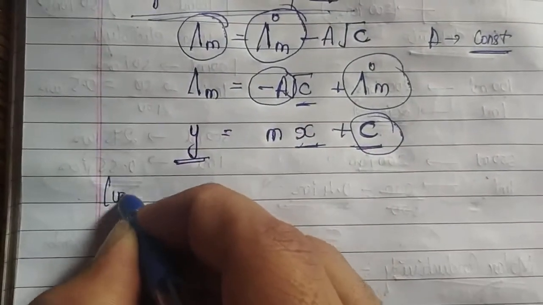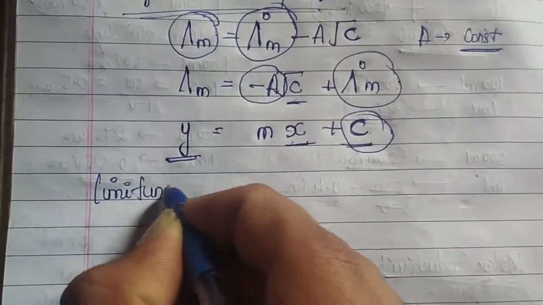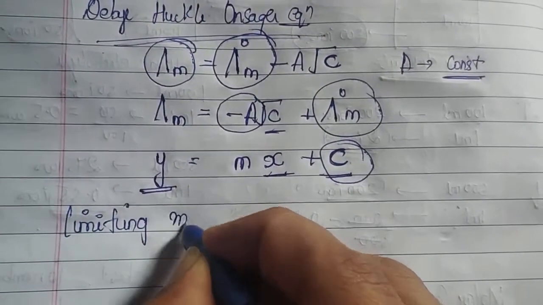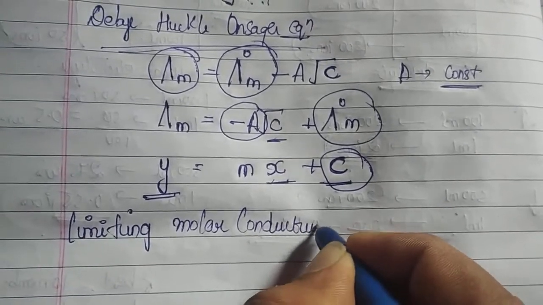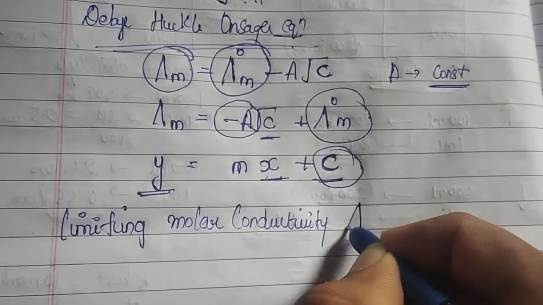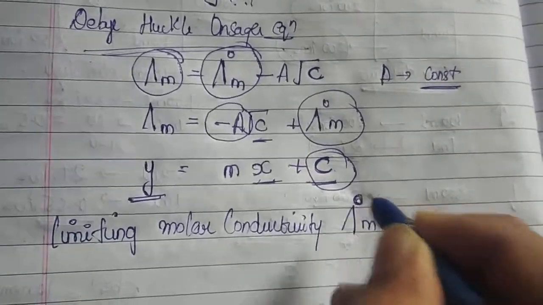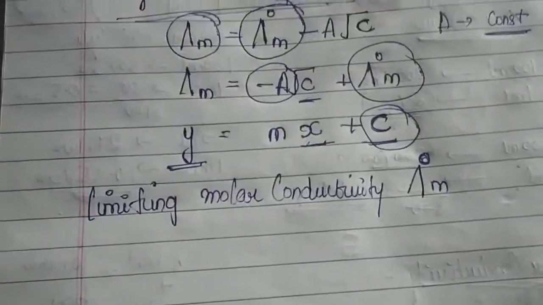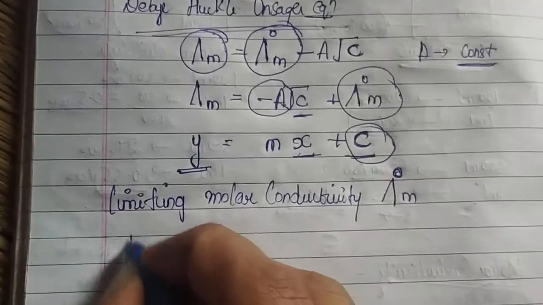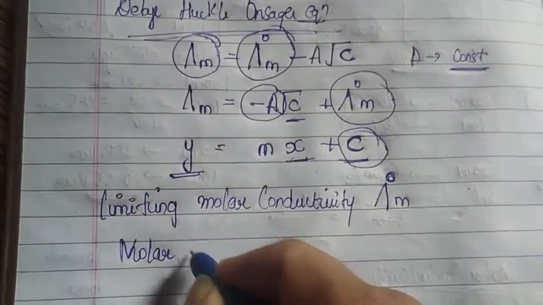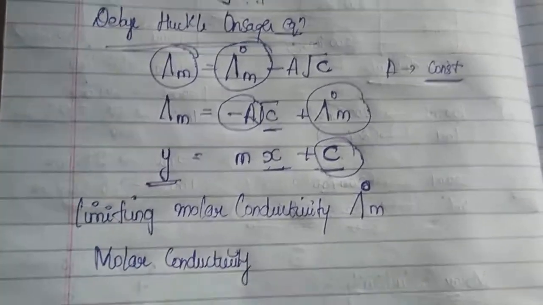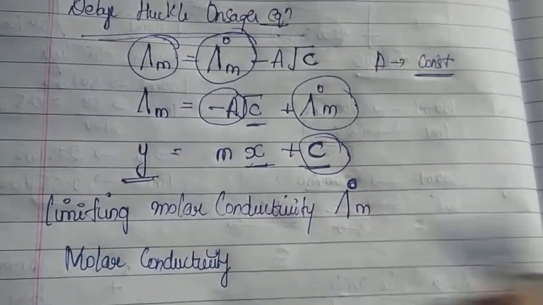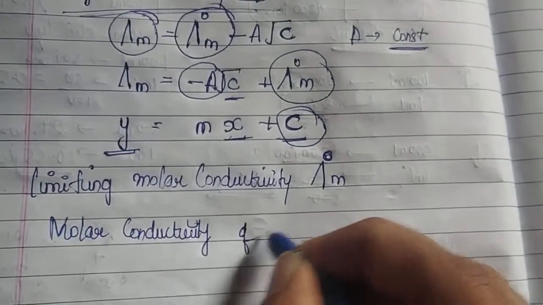Is that clear? Now let us have the last part of this video, to give you the definition of what you mean by limiting molar conductivity. The representation is lambda naught m. Limiting molar conductivity, as I have mentioned, is the molar conductivity of an electrolyte.